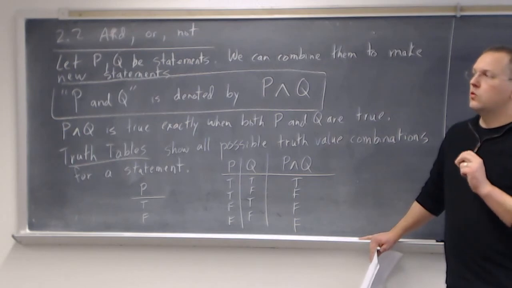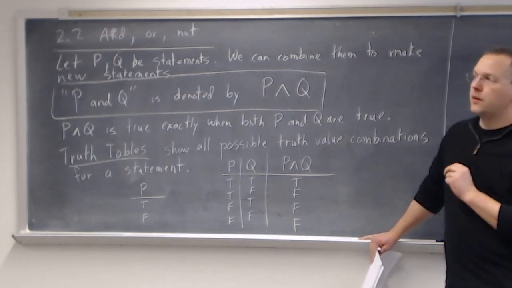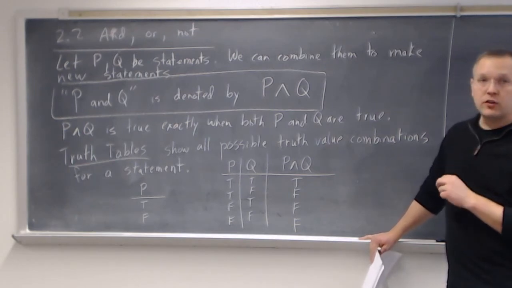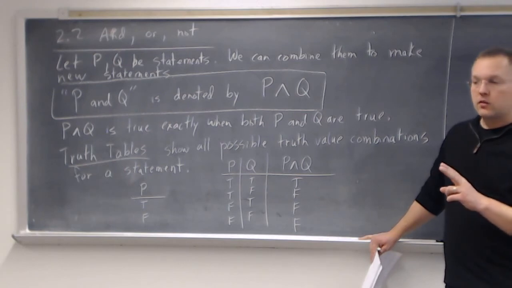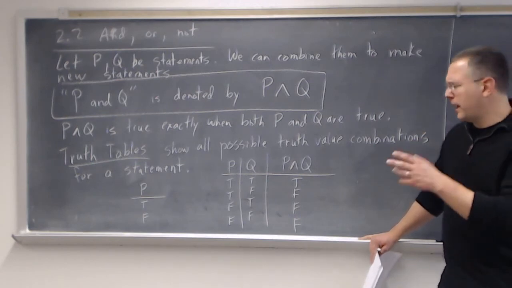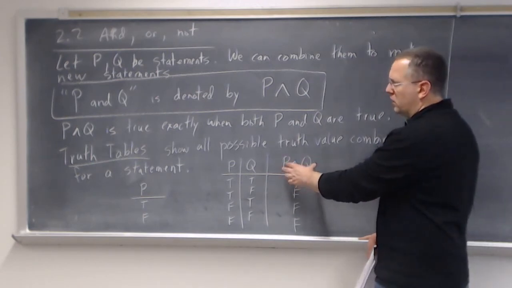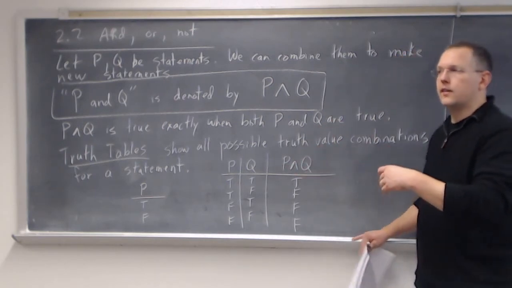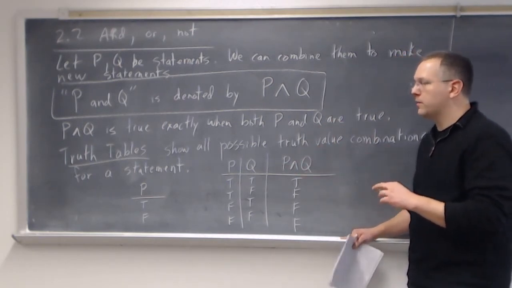Truth tables are going to be very useful when we look at whether two statements are equivalent. We'll start involving words like or and not, and other ways to combine statements.